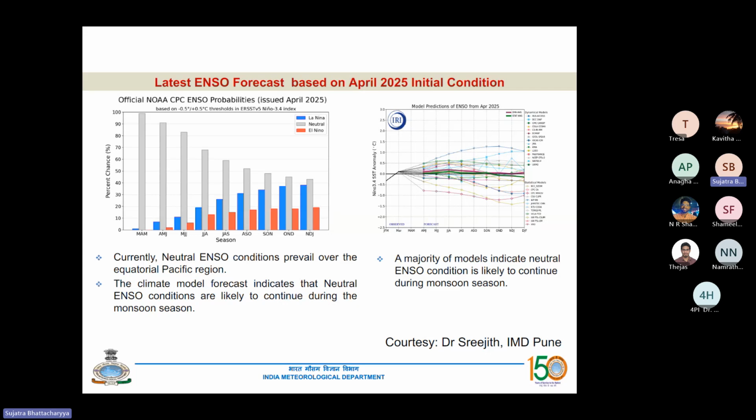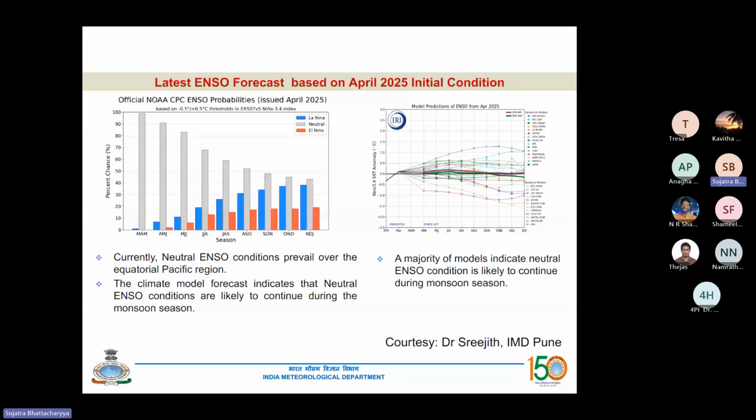They made this probabilistic forecast for different seasons. For example, the gray color is the probability of the coming year being neutral ENSO, La Nina or El Nino. Blue is for La Nina, and you can see that the probability of becoming La Nina is more. This is from CFS V2 at IMD.